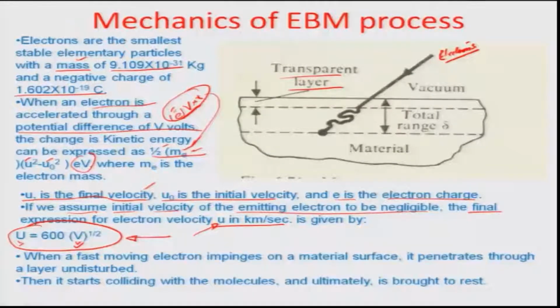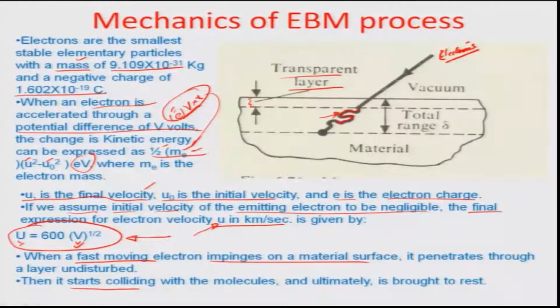And so, when a fast moving electron impinges the material surface, it penetrates through a transparent layer, as I had illustrated earlier, till the lattice starts detecting the electron and starts converting the momentum of the electron into kinetic energy. When the collision process starts to happen, obviously there is going to be a temperature rise.